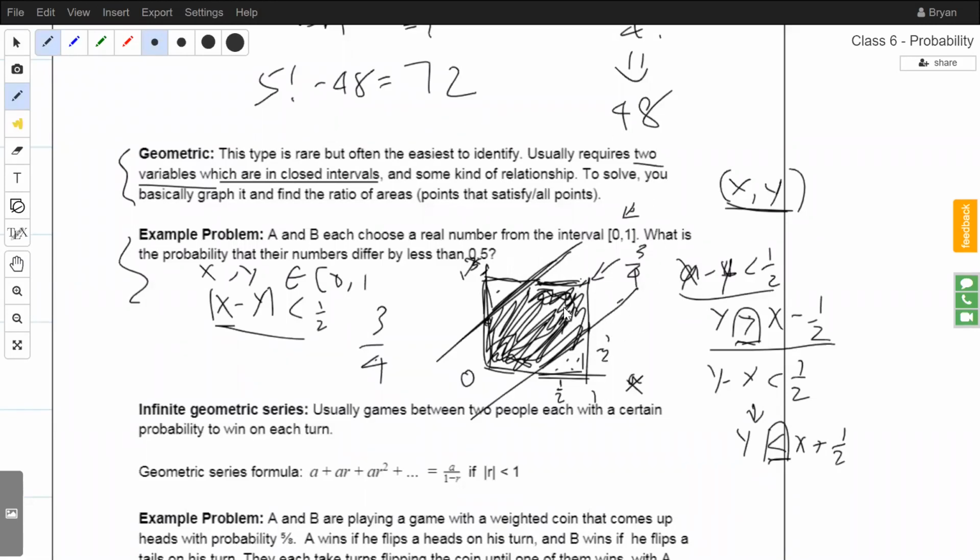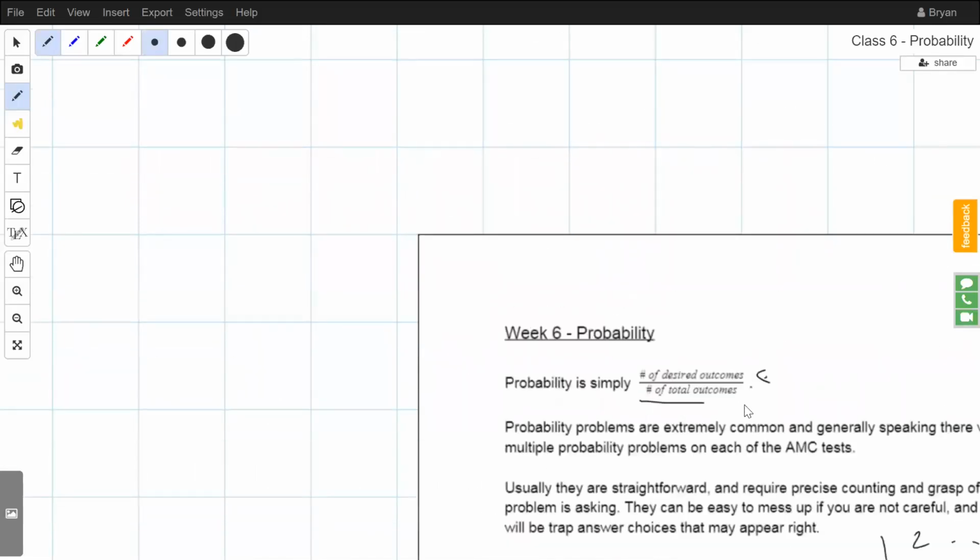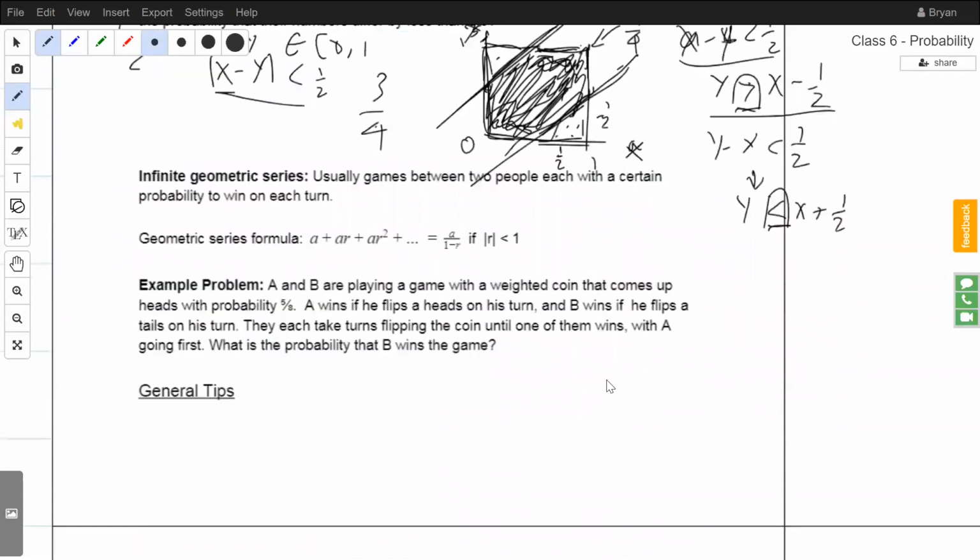Since we know that the points are equally distributed, we can simply find the area, which you can think of as proportional to the number of points that work, and you divide by the whole area, which is the total number of points you can have. So in a sense, it's still using the definition of number desired over number total.